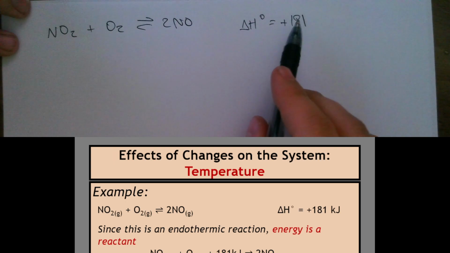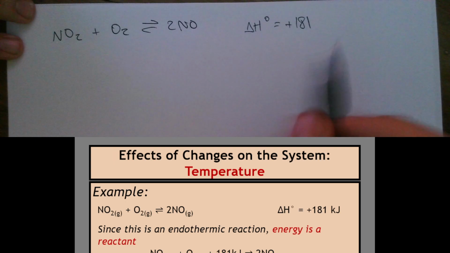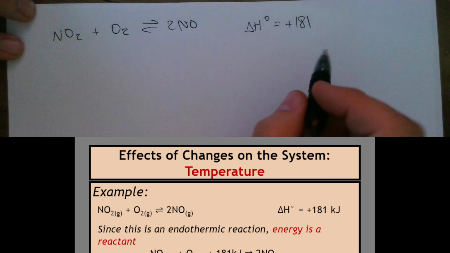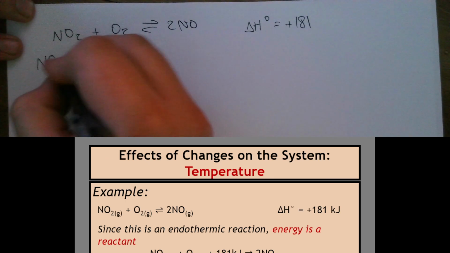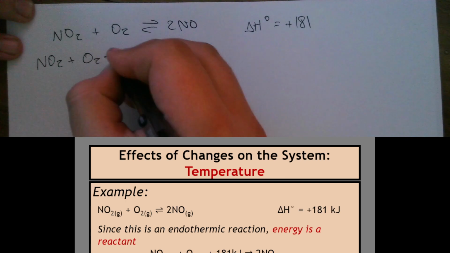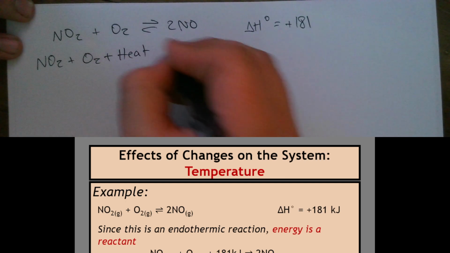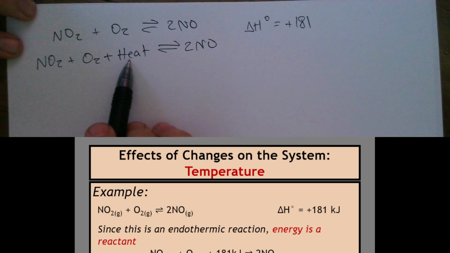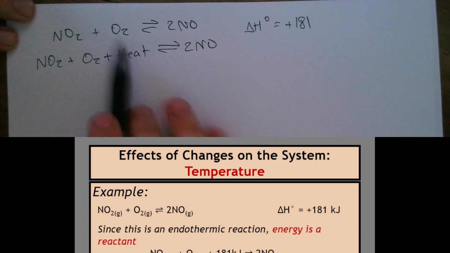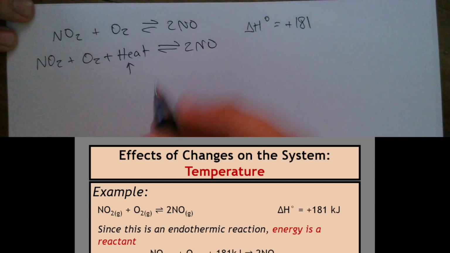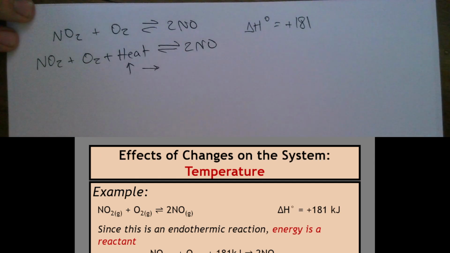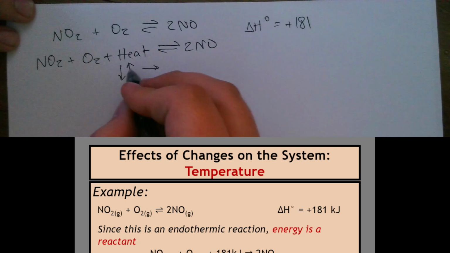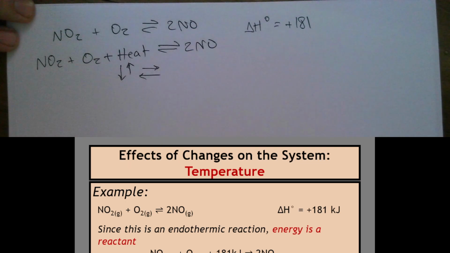The number doesn't even matter, but the fact that it's positive does. You need this much heat to start the reaction, so when I rewrite it, I'm just going to write the word heat on the left side. Heat is just a reactant. If I add heat, if I make the heat go up, the reaction will shift to the right to counteract that. If I reduce the temperature, the reaction will shift to the left to counteract that.